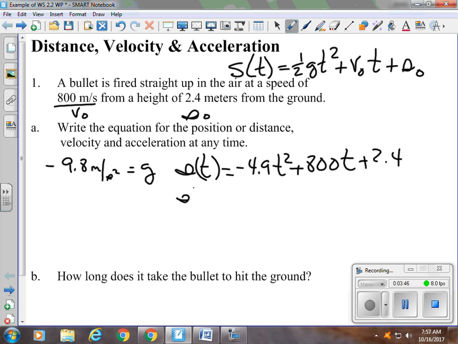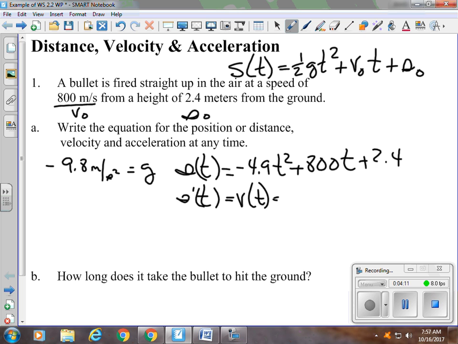Now, the derivative of your position formula is your velocity formula. And the derivative of that, of course, will be acceleration as well. So once you start taking derivatives, it starts changing it from distance to a rate.